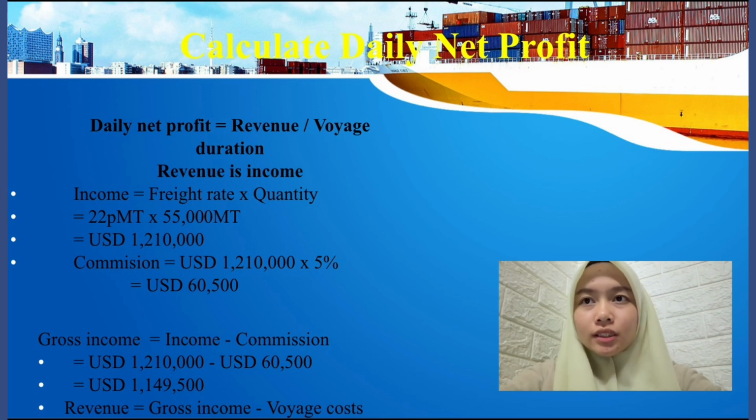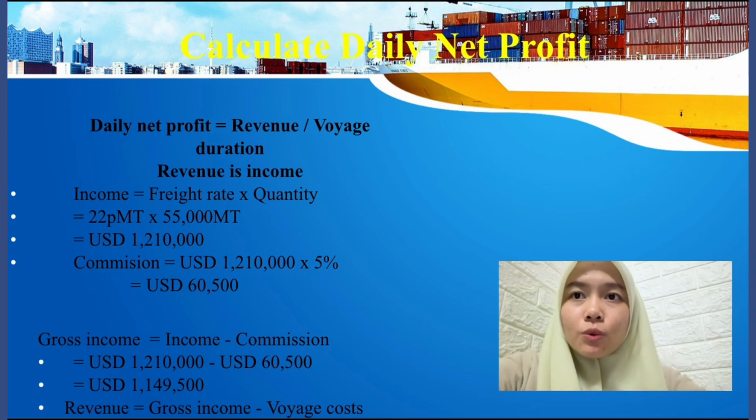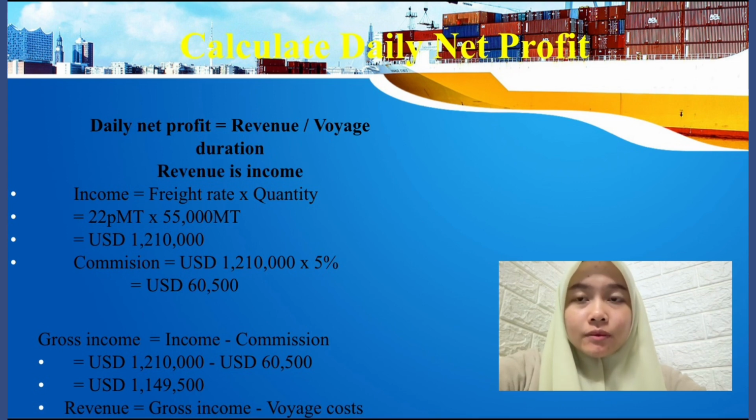So the total of commission equal 1,210,000 times 5%. So the answer is 60,500. For the gross income equal income minus commission, the total is 1,149,500.